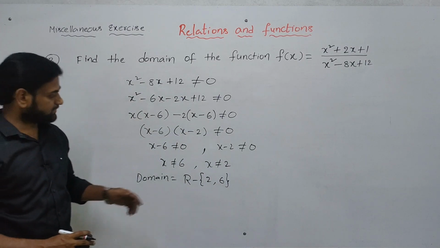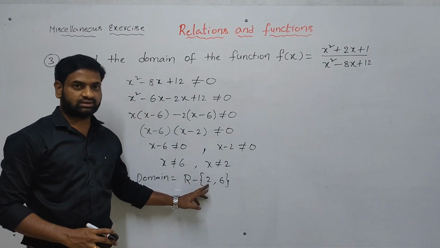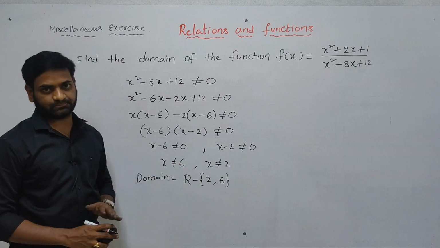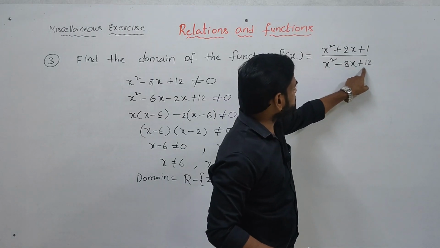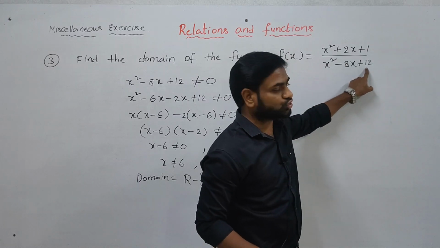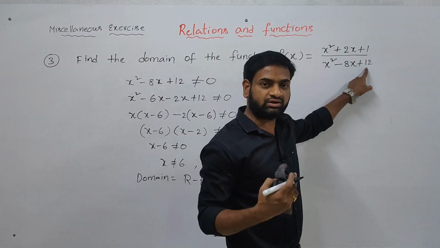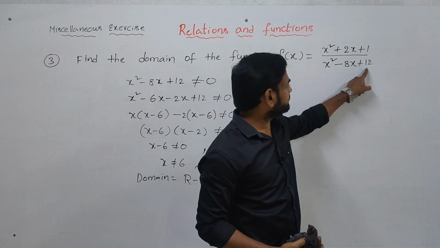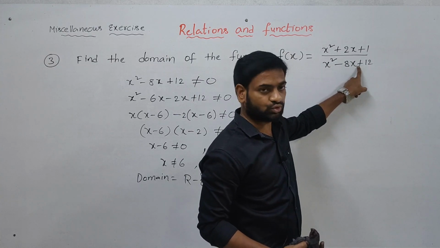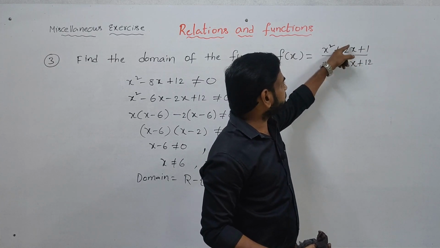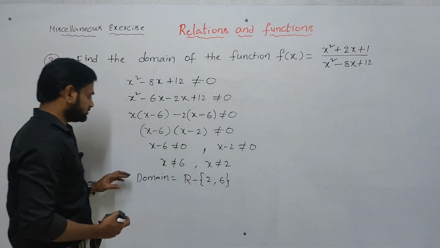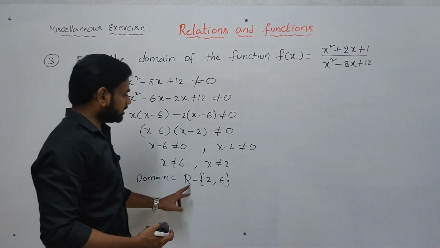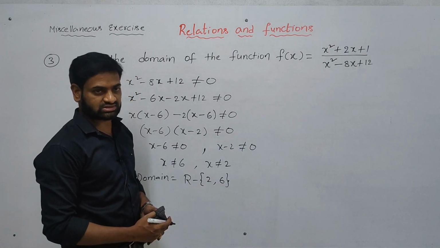Don't take 2, 6 in the domain. If you take them, this value is going to be 0. If you want, you can check. If it is 0, something by 0, the function is not defined. So the domain is R minus 2, 6.